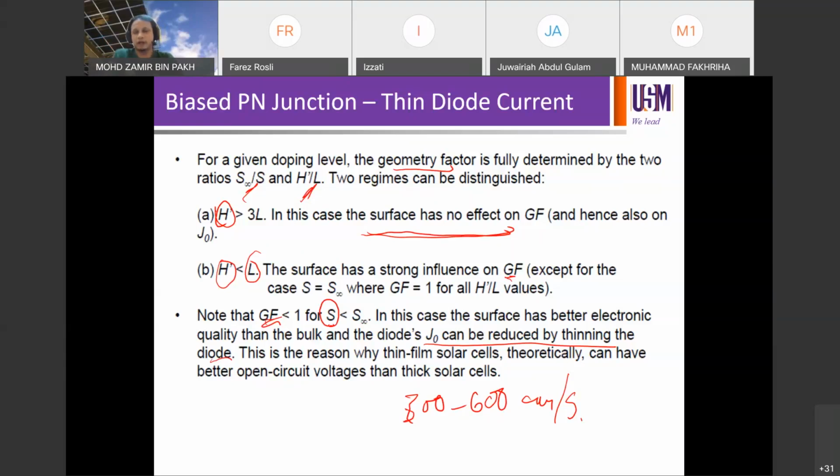However, if you want to look at the device perspective, you have to look at whether the diode is going to be used for solar cells or lasers or LEDs or transistors or capacitors or whatever. Each of these devices has its own performance parameters.